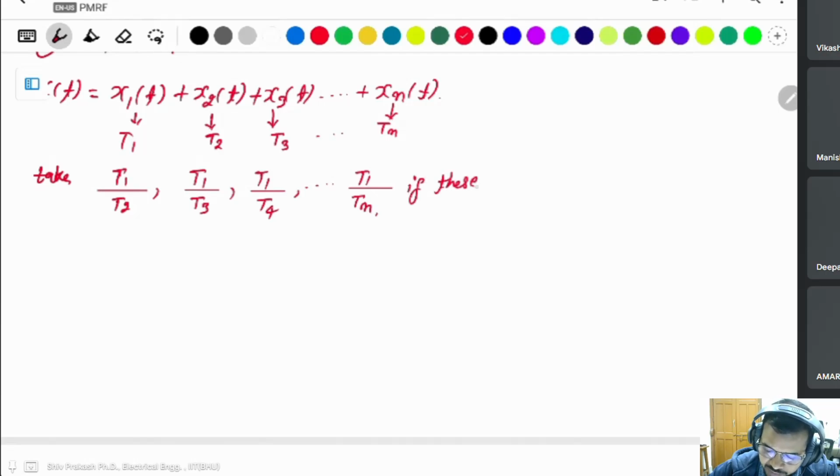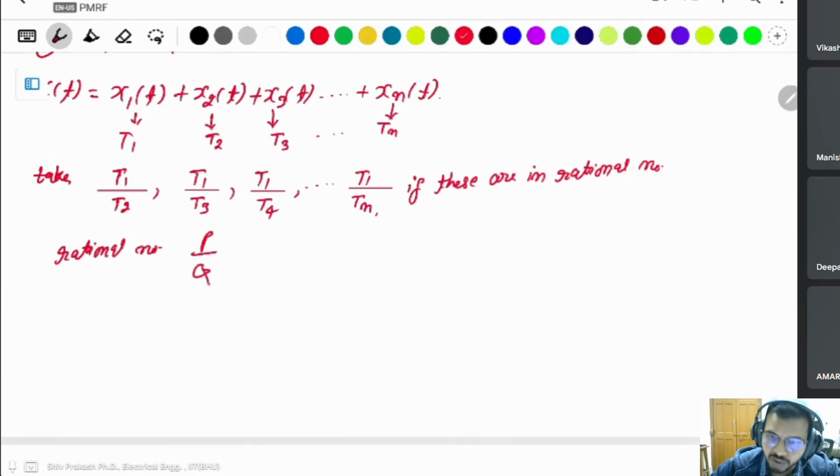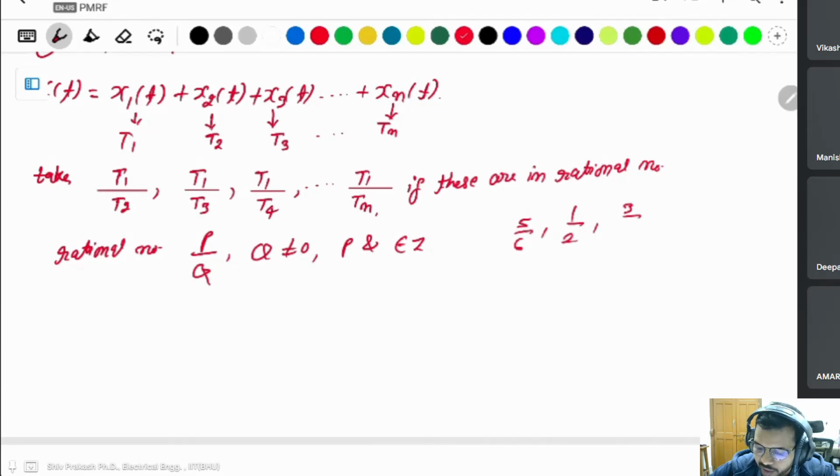If these ratios are in rational number form, then rational number, I think you all know about the rational number, is of the p by q form, where q is not equal to 0 and p and q belong to the integers, like 5 by 6, 1 by 2, 3 by 5, all of these are rational numbers.